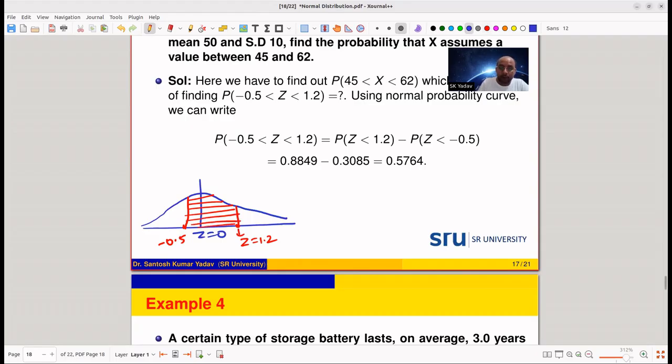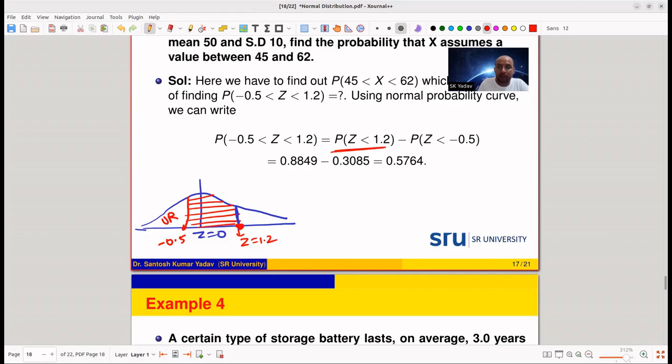I can obtain this by computing the area from minus infinity up to this point, and then I subtract this unrequired area from the total. That means I can now write P of z less than 1.2.